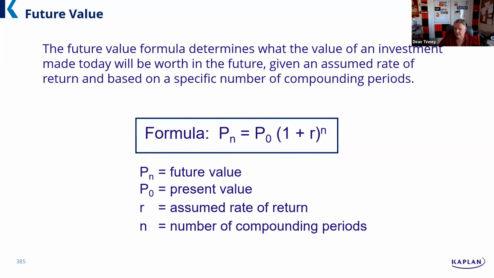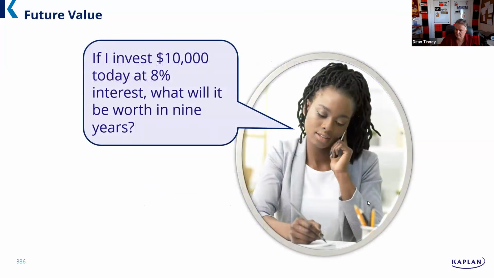Now, as I said, for test purposes, it's not so much can you do this math. It's do you recognize what is necessary to do the math, right? So we need to know the present value today, 100,000. We need to know the rate of return, whatever we're assuming. That number could be whatever we assume it to be.